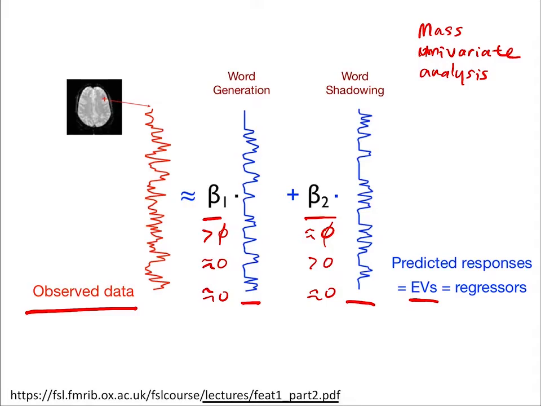Now, there will be some exceptions to that rule. For example, later on, towards the end of the course, we'll talk about things like independent components analysis, which is a kind of multivariate analysis, and there are other forms of multivariate analysis as well, but by far, most of you will primarily be doing mass univariate analysis.